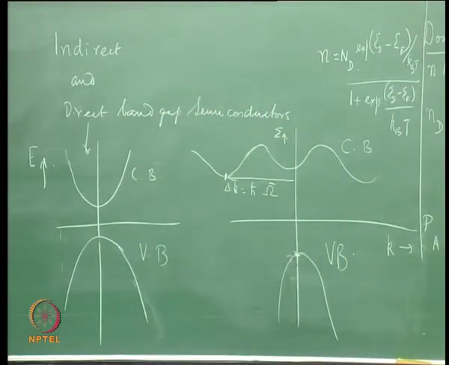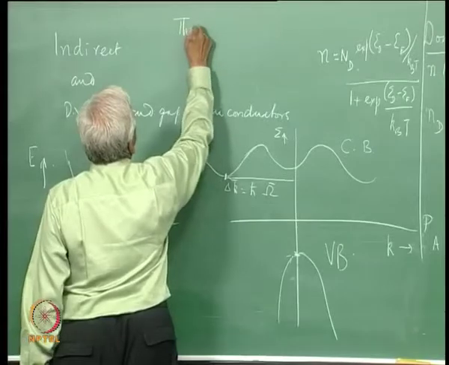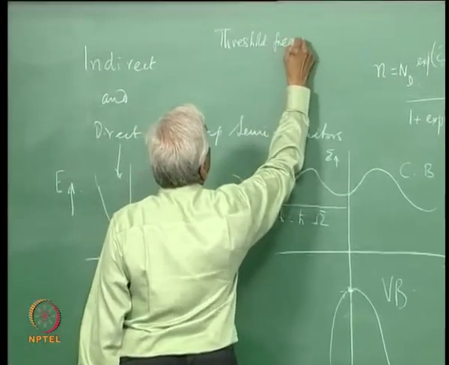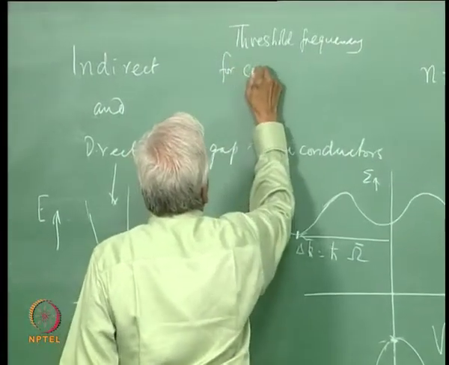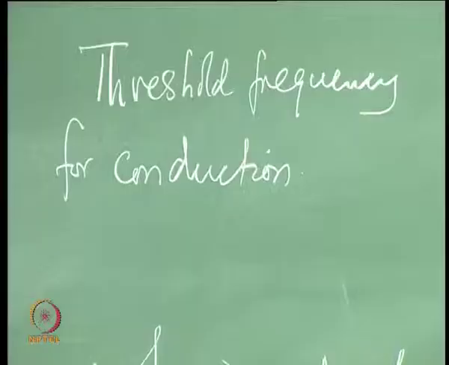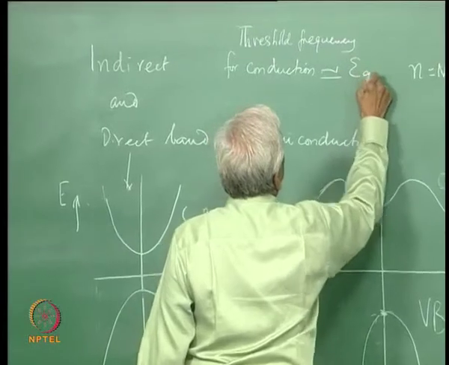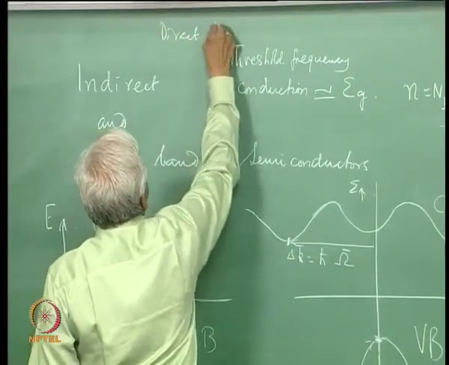So, for conduction one has to get a threshold frequency for conduction, which is just the energy gap for a direct band gap semiconductor.